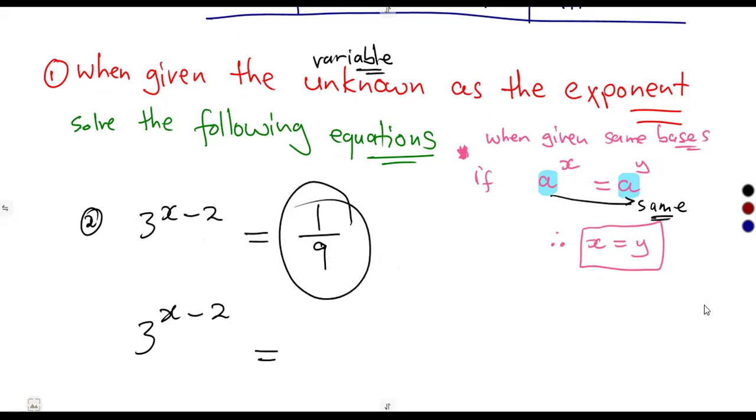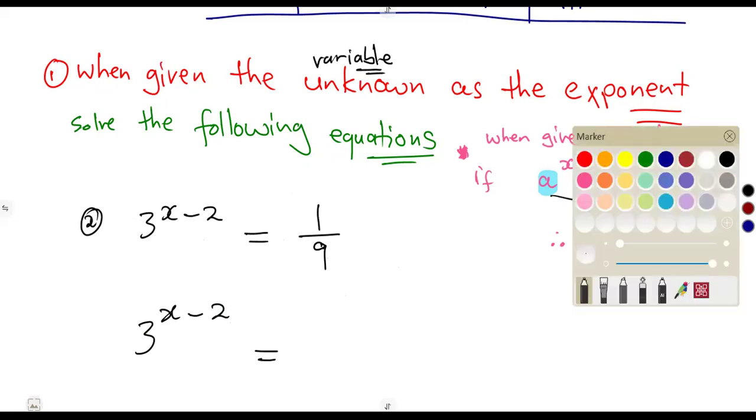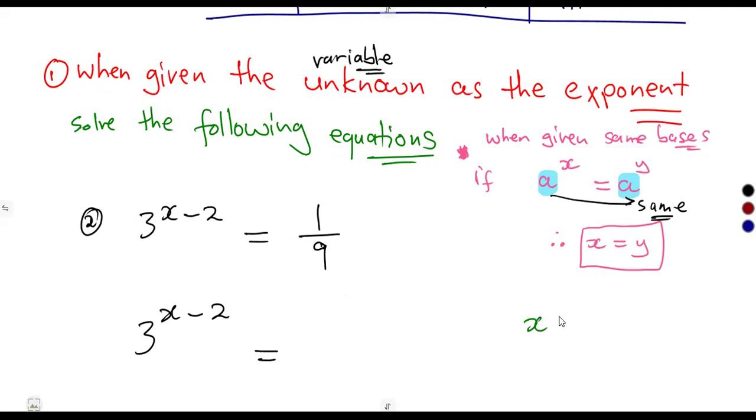Remember, law number 6, which we said when a is raised to an exponent of negative m, it is the same as 1 over a to the exponent of m. So guys, we can just do a vice versa.